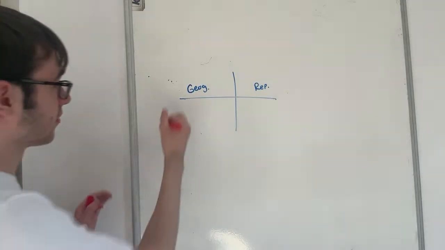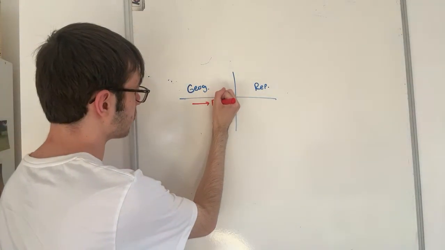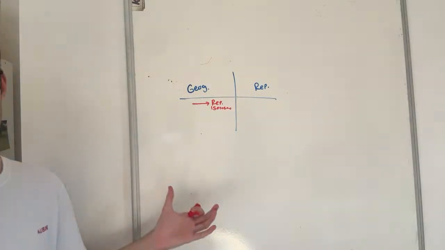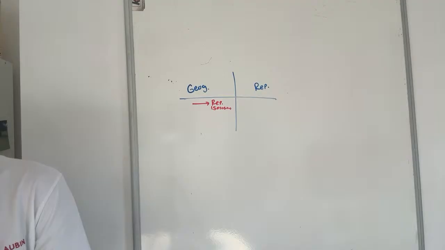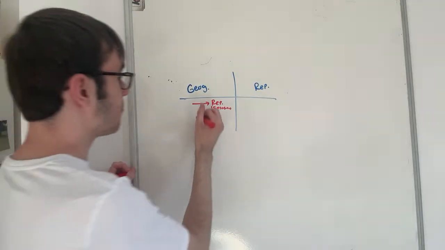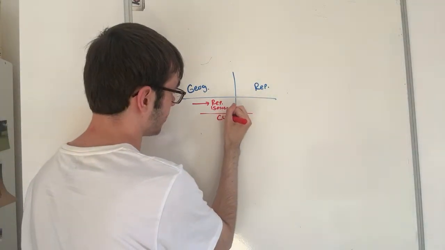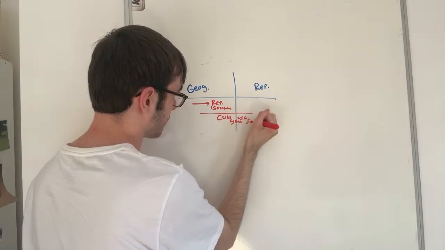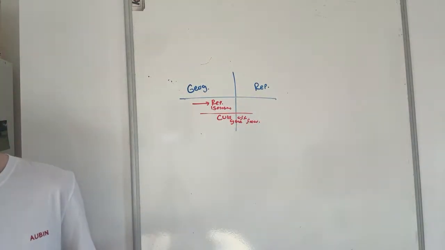Geographic isolation will lead to reproductive isolation. For both of them, this cuts off the gene flow. There's no gene flow between the same species.